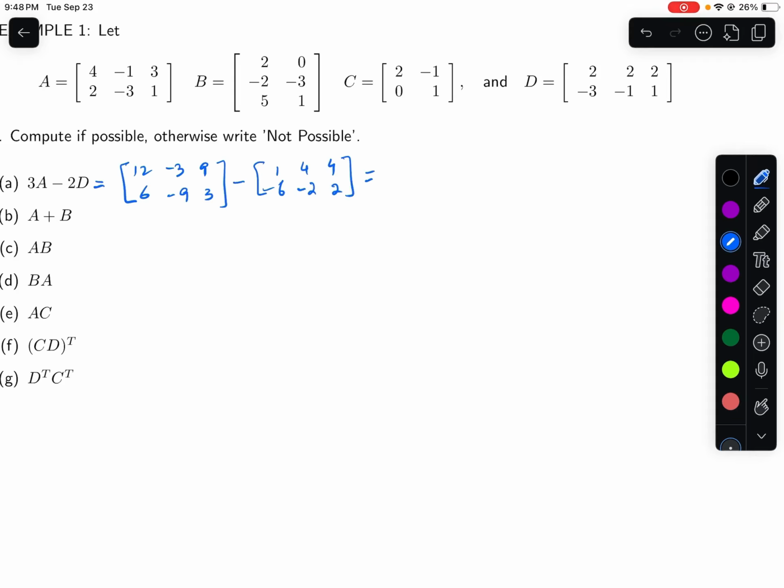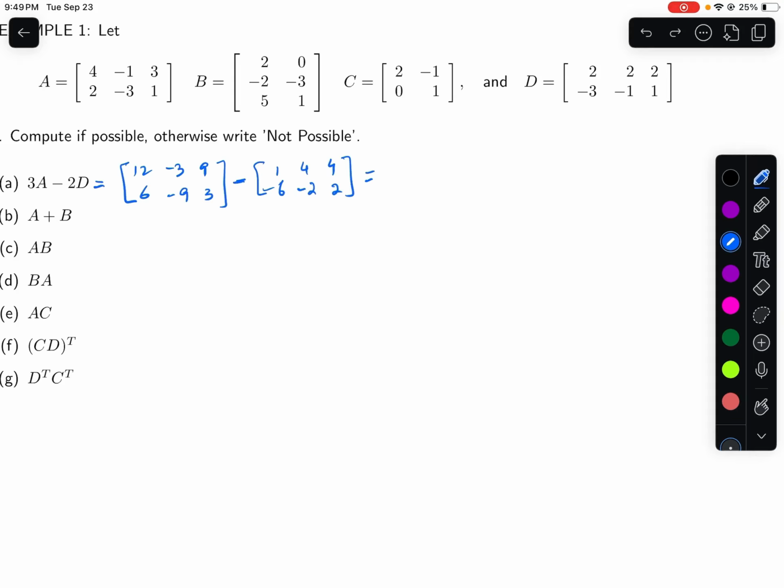That is 3A. Then 2D will be 4, 4, 4 in the first row, -6, -2, and then 2.